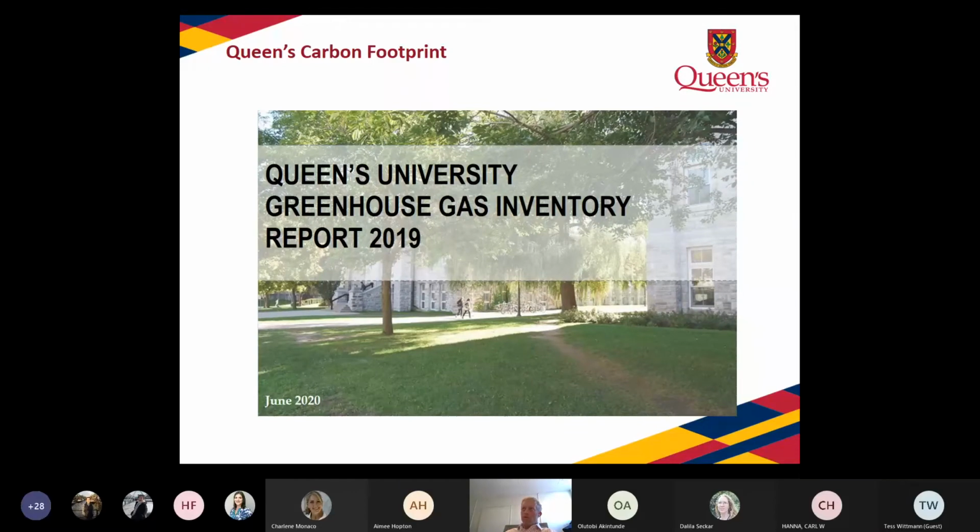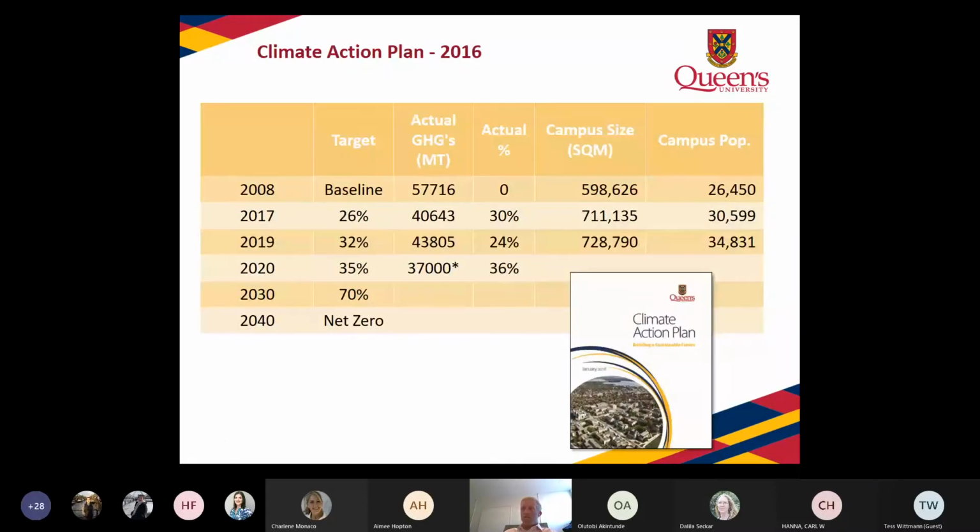However, institutions that have found that typically their Scope 3 emissions are almost as large as their 1 and 2 emissions combined. So if anyone wants to have a look at the greenhouse gas inventory reports, they're on our sustainability website. And so I encourage people to download that and have a look at it if you're interested to see the details a little bit more. But I'm going to run through a couple of the data points that I pulled out from previous years.